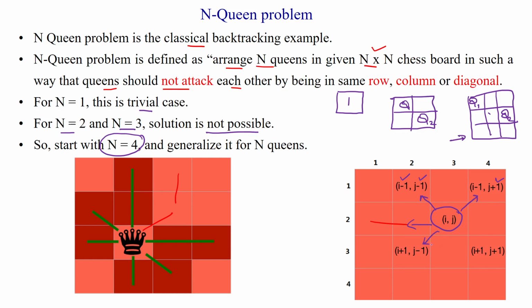This diagonal place is represented as i plus 1 comma j minus 1 column, and this can be represented as next row i plus 1 and next column j plus 1. This place can be represented as i comma j plus 1. So for accessing these queens we can use this kind of position, that means using the column and row variables.